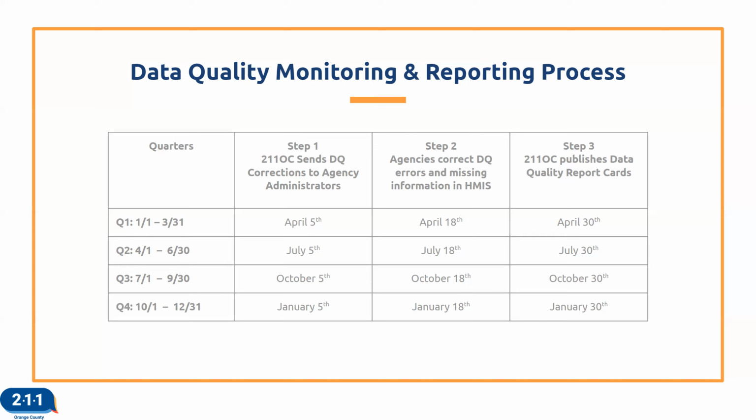We send corrections to the administrators. You have a couple weeks to make those corrections, and then we publish the final report cards. The goal is for the report cards to be published by the end of the month following the end of the quarter. And so that's what we are working towards with our team. So just having that written down. Next slide.